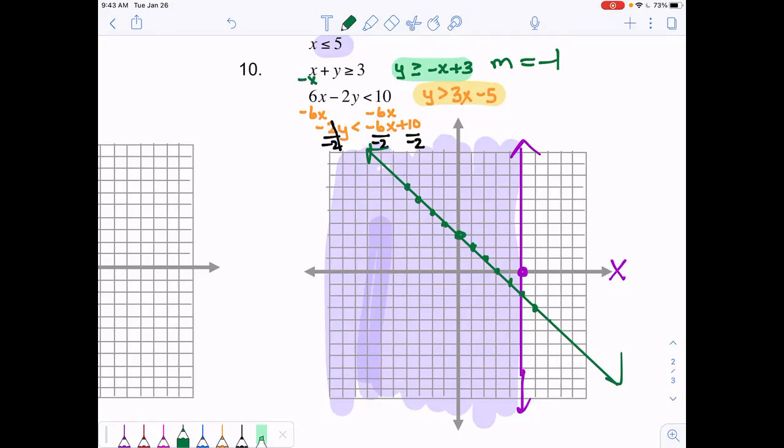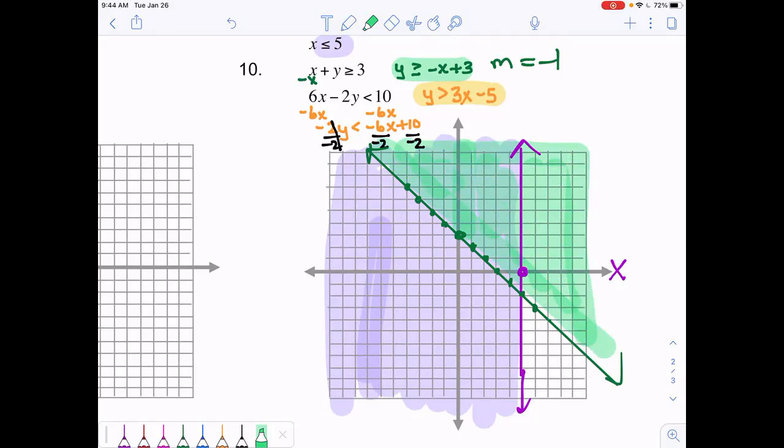Anytime you have a line that is not vertical, we always think above versus below. So I'm going to go to a point on the line and go in the above location. You follow the entire line, give yourself a boundary, and then shade.